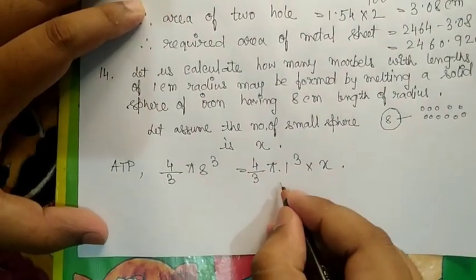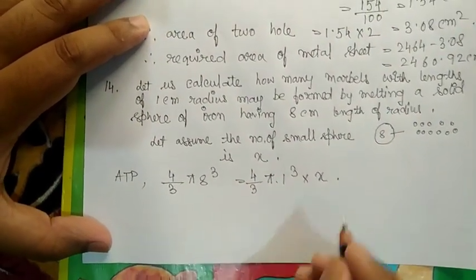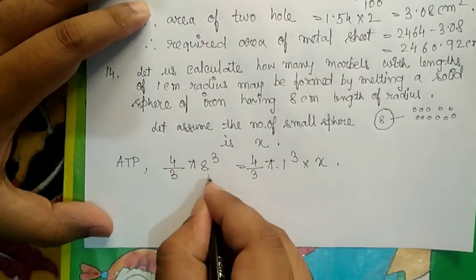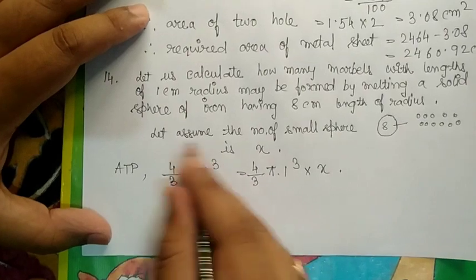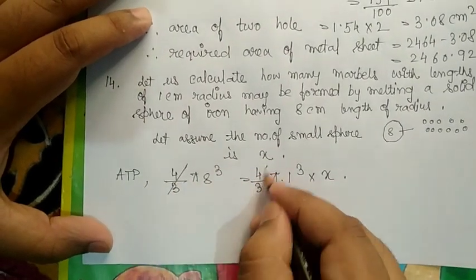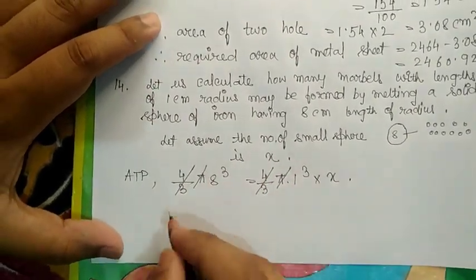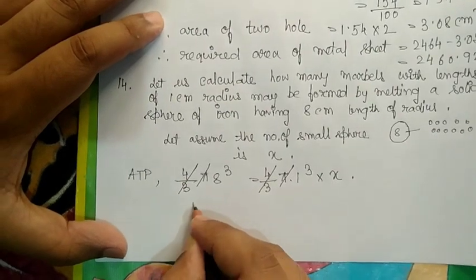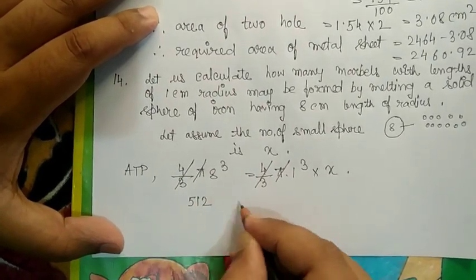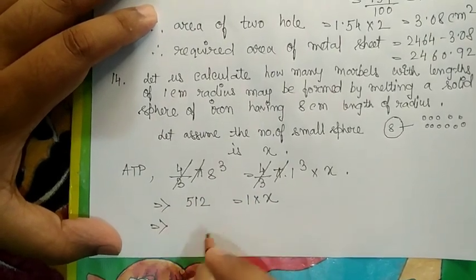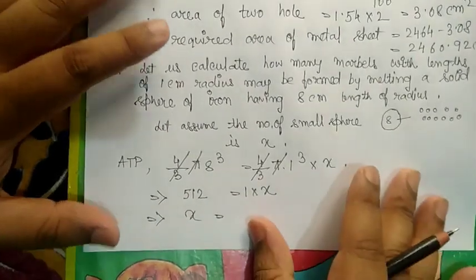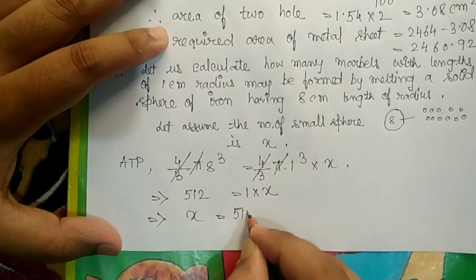This is the volume of small sphere and this is the volume of large sphere. So volume of the small sphere into x equal to volume of the large sphere. Therefore first of all we eliminate this. 8 cube means 512 into 1 into x. So therefore number of small spheres is 512.